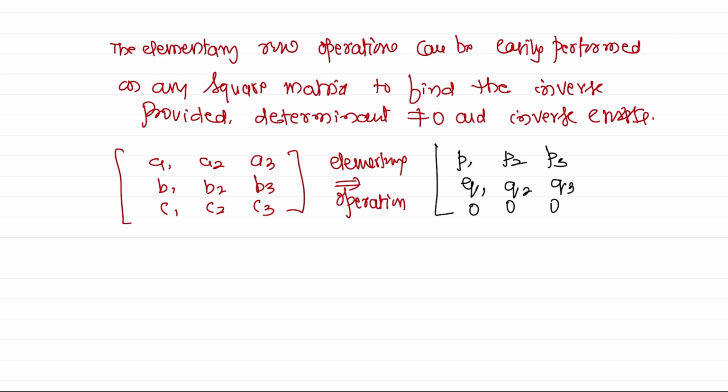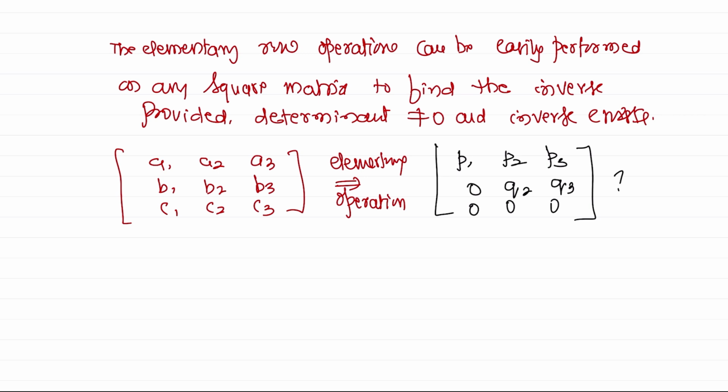Then what does it mean? For example, let us say this also is 0. This also is 0.